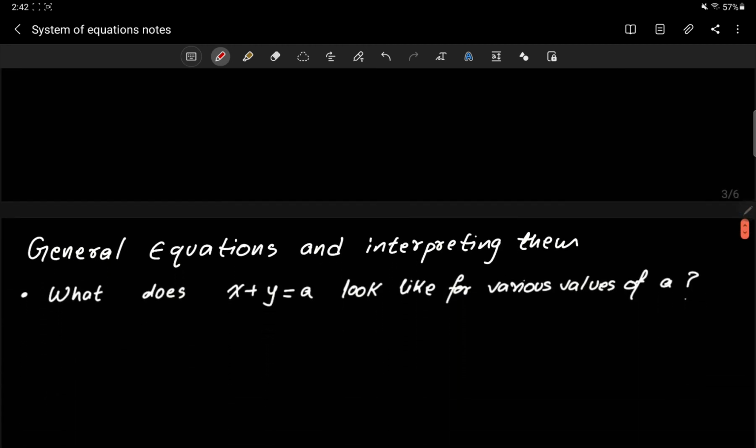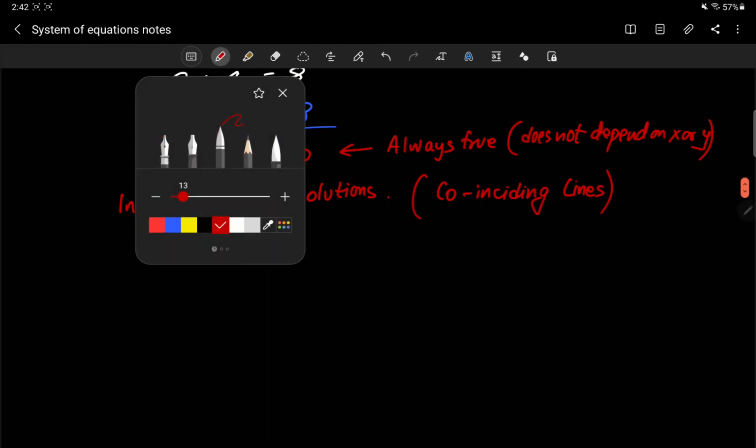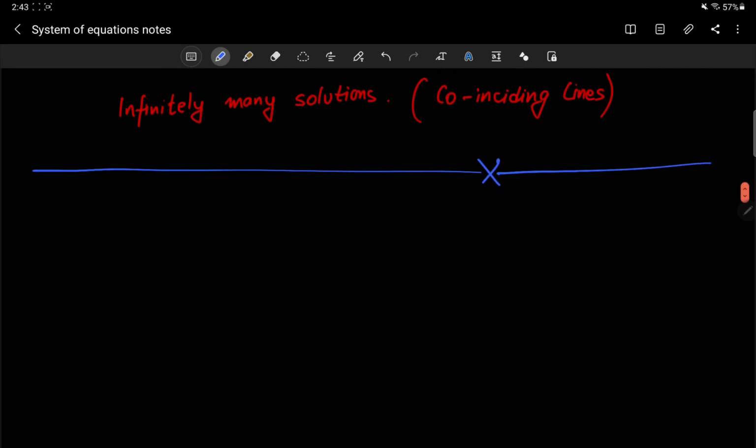Okay, so those are the three cases that occur, right? The three cases that occur are: 1, if they intersect, then you have one solution, which is precisely the x, y that you find.